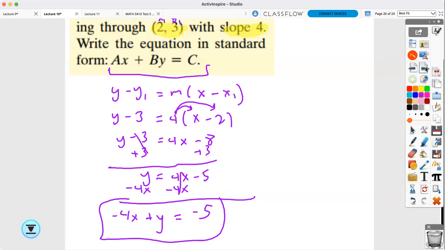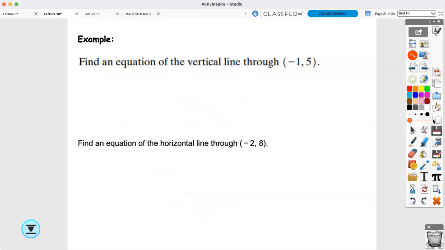All right. Go ahead and I'll give you about a minute to write down these examples. These are not complicated ones.